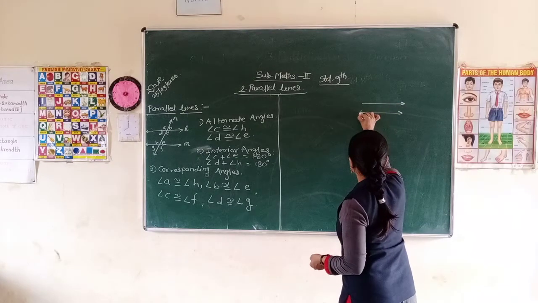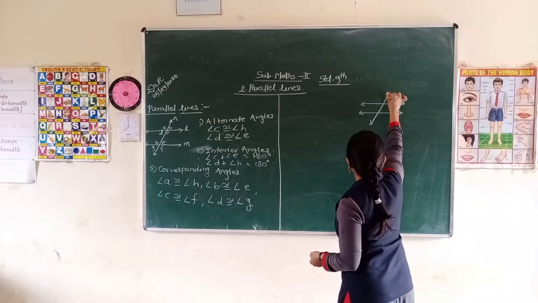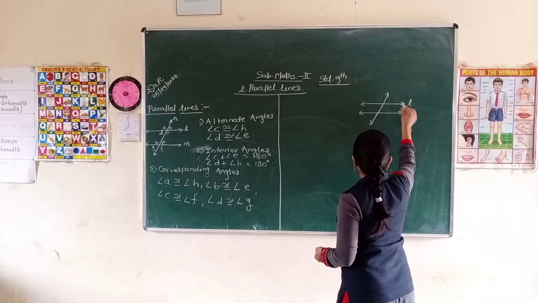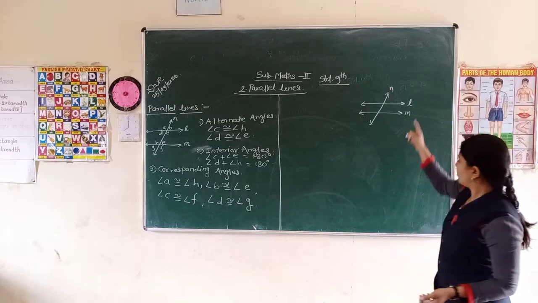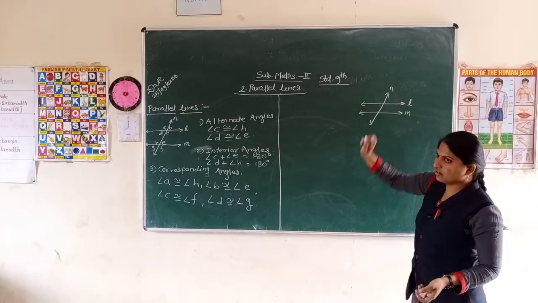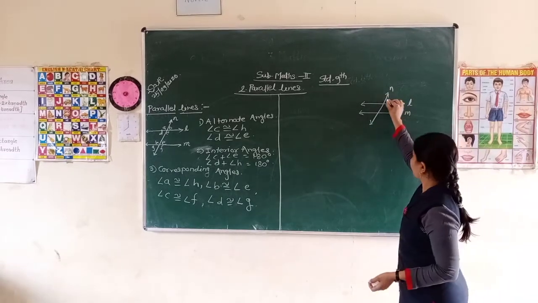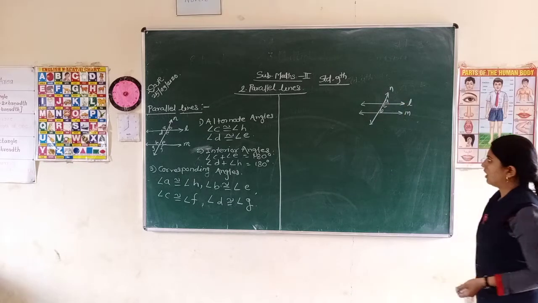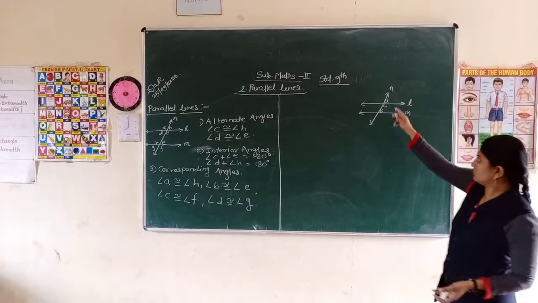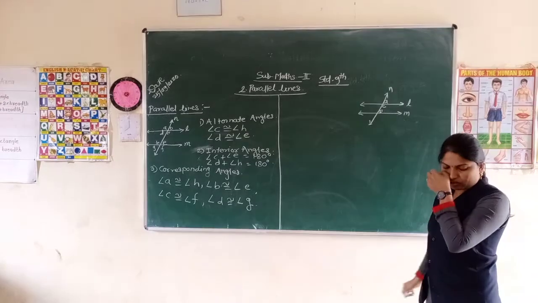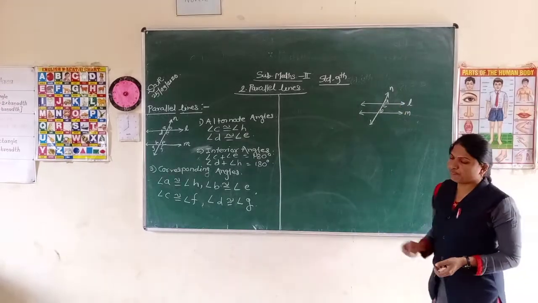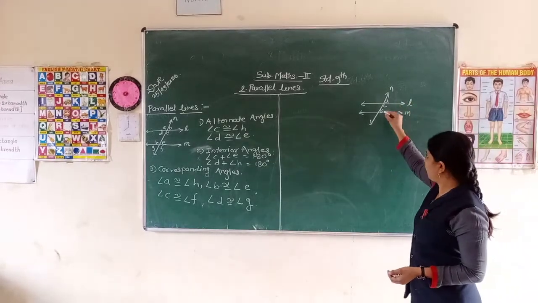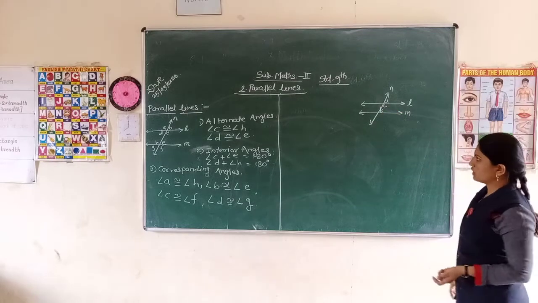For this, suppose L and M are your parallel lines and N is the transversal. A, B and C are angles formed by two parallel lines and one transversal.